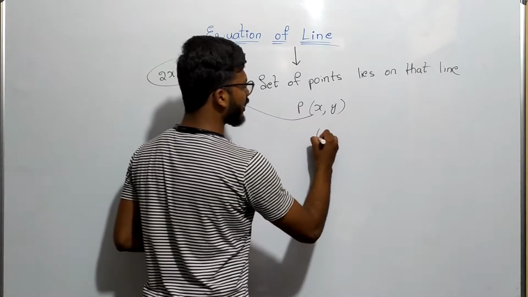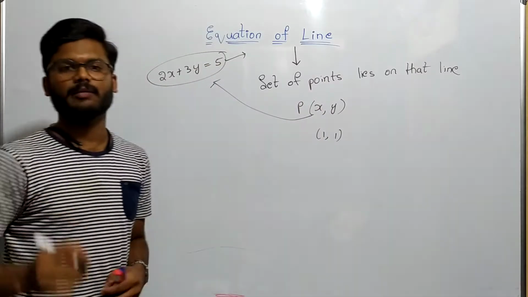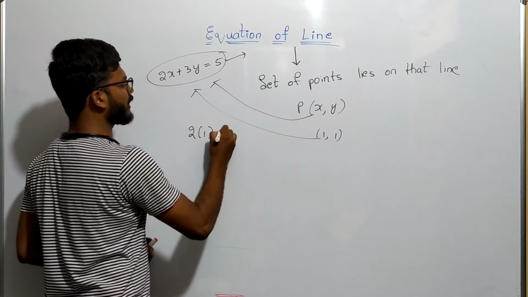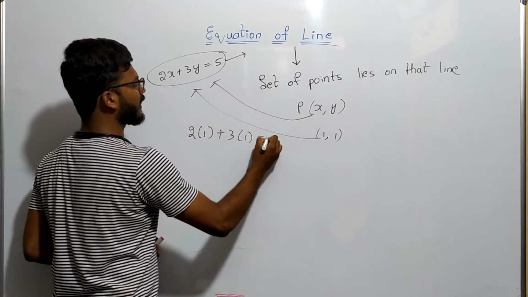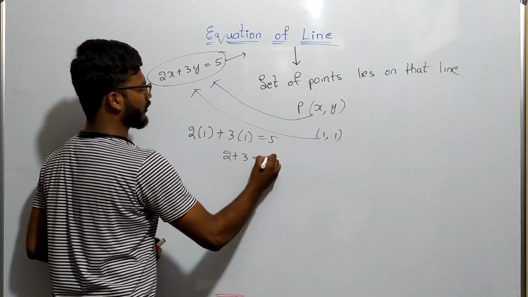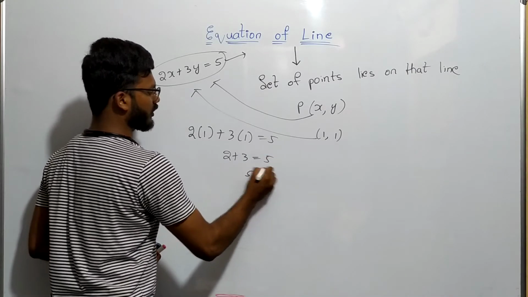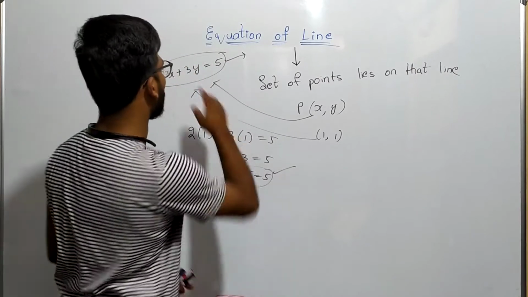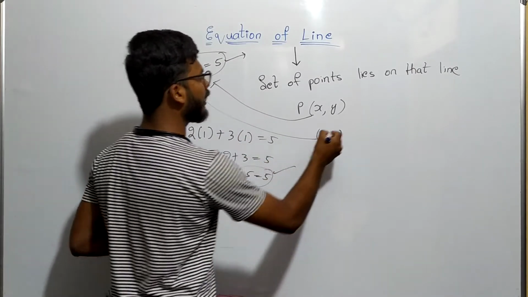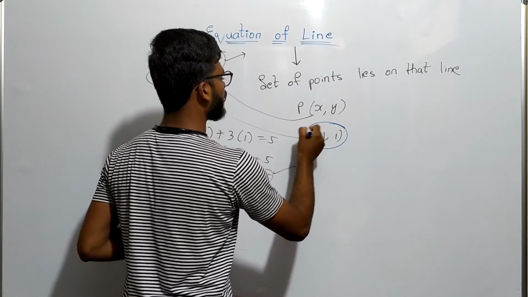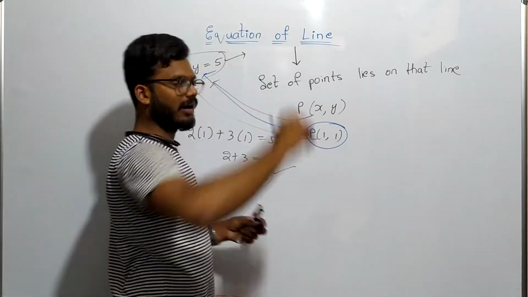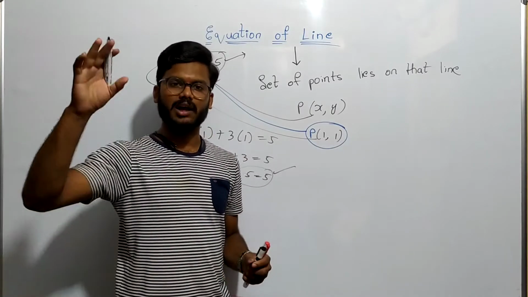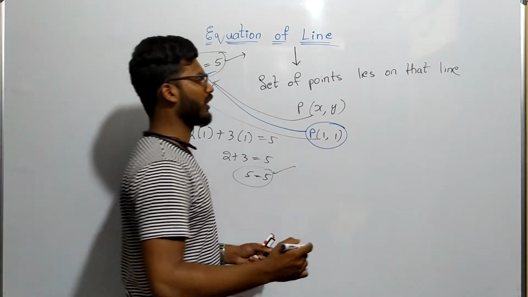If I take 1 comma 1, suppose 1 comma 1 is a point, does it satisfy this line or not? We will check: 2 into 1 plus 3 into 1 equal to 5. Is it correct? 2 plus 3 equal to 5, 5 equal to 5. So this is correct. Nothing but this point satisfies this condition, so you can say the point 1 comma 1 lies on this line. Any equation represents the set of points which lie on that particular line.